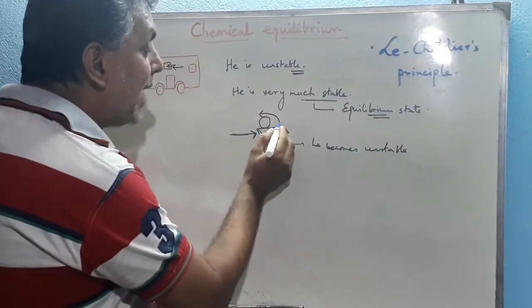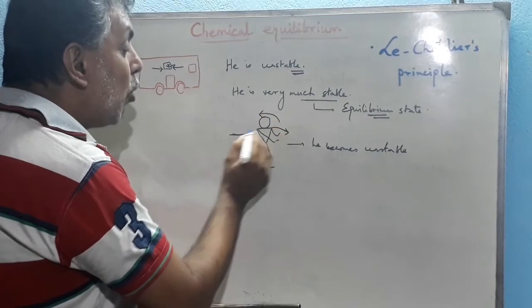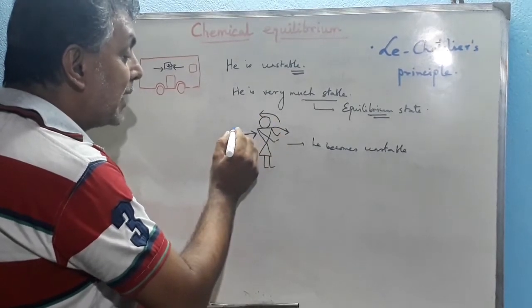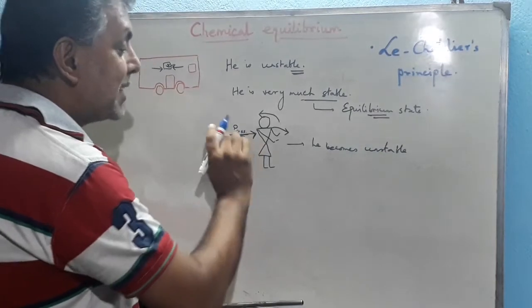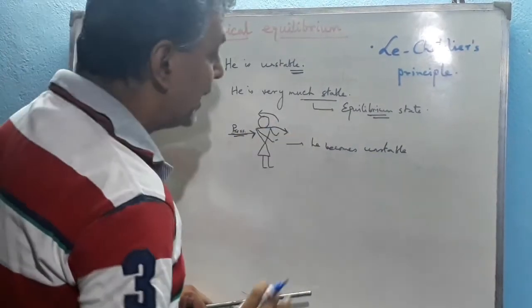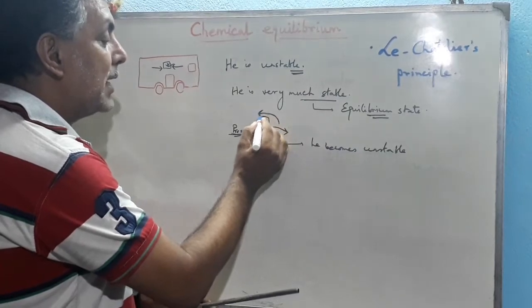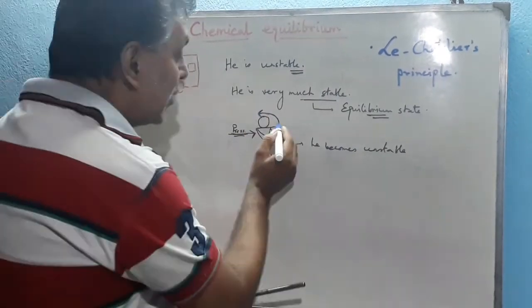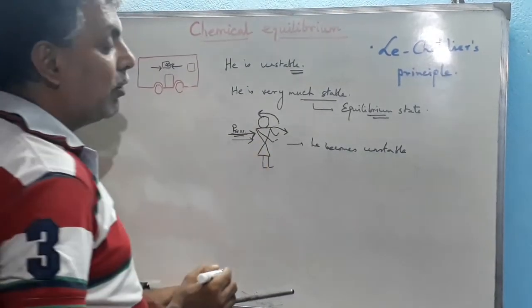Hence he has to exert some extra force or pressure to overcome the pressure exerted on him, which displaces him from the equilibrium state, in the opposite direction with respect to the pressure exerted on him.